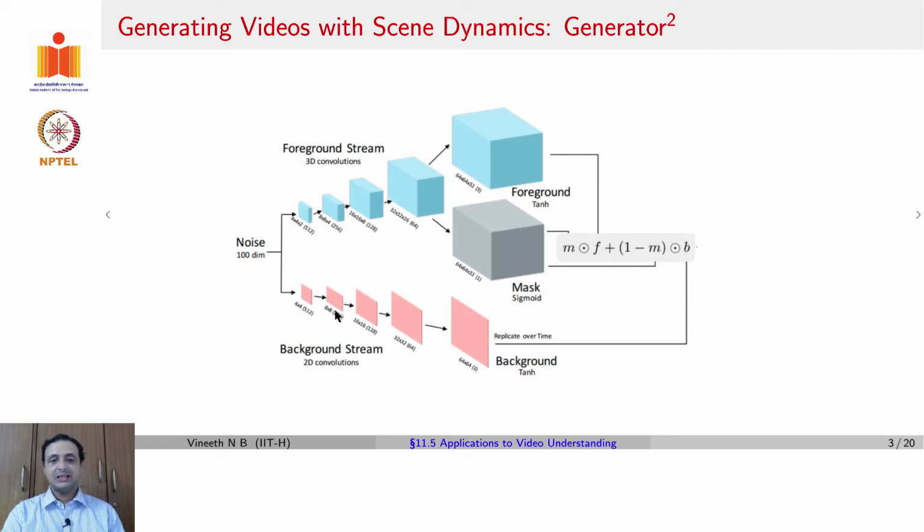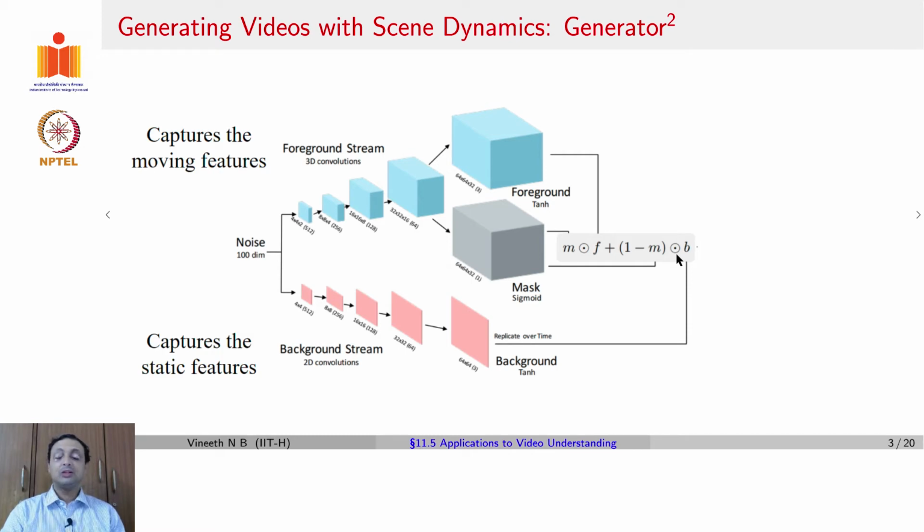So in this case, the second branch of the generator generates a static image background, and now the foreground and the background are combined using this mask, whatever values are output by the layer shown in blue here: m Hadamard product the foreground plus 1 minus m Hadamard product the background.